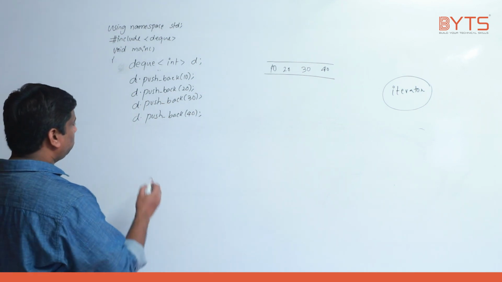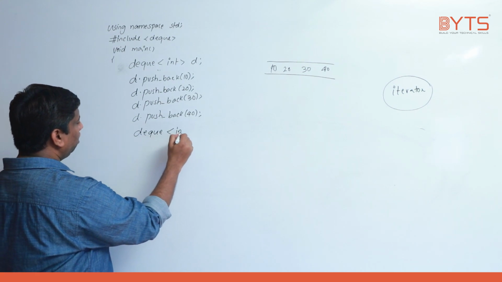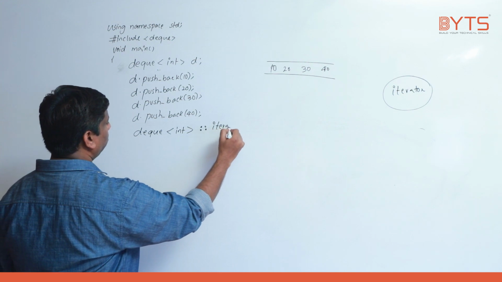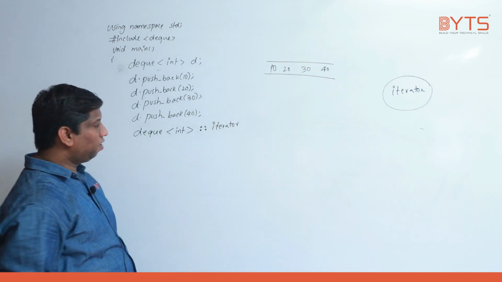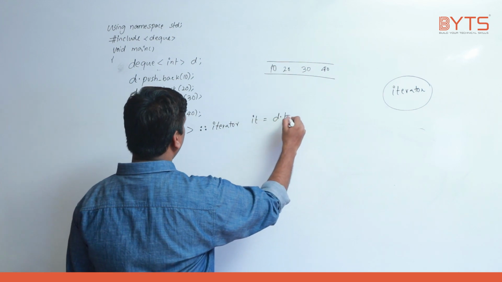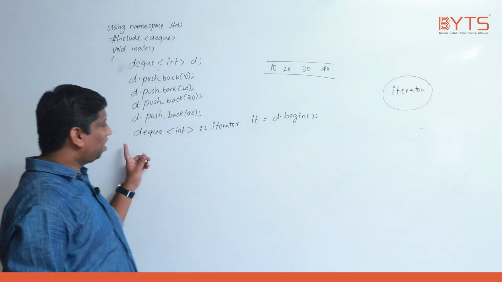How do I do that? The syntax is DQ int colon colon iterator, let us take it, is equal to d dot begin. What am I writing here? D dot begin. What is the meaning of this line?